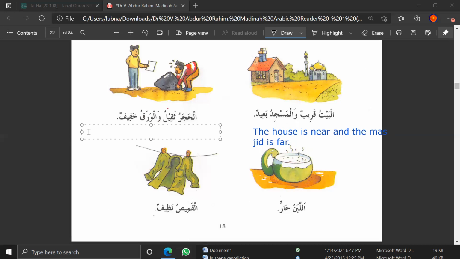And the paper is light. MashaAllah. Good.